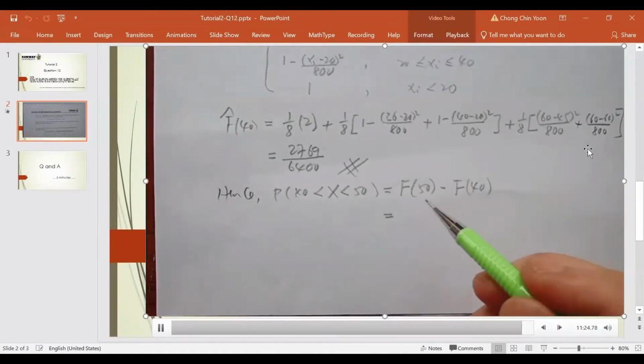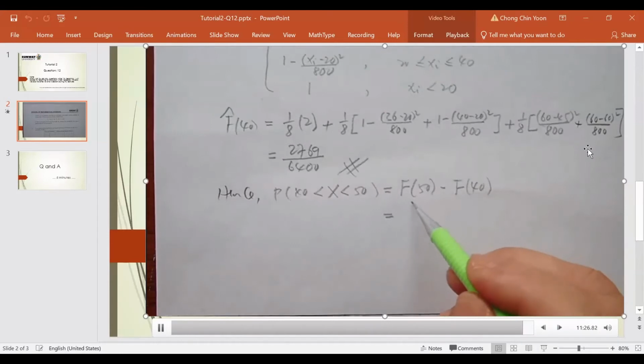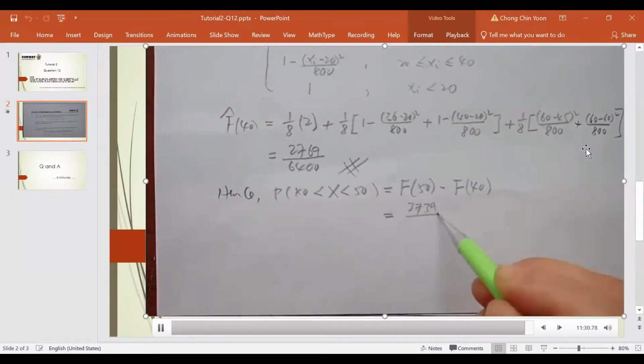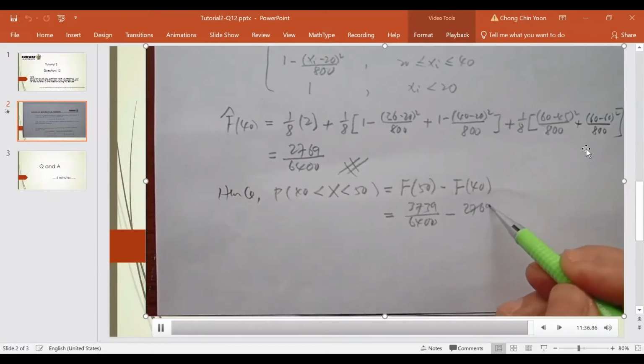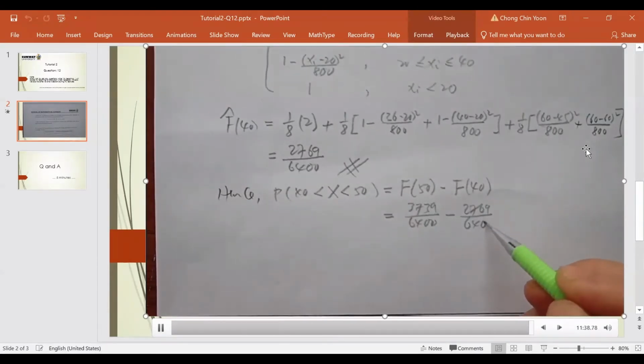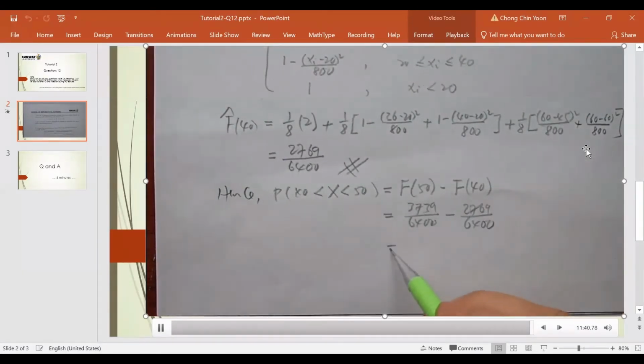So from the result we have found just now, this is equal to 3739 divided by 6400 minus 2769 divided by 6400. So I will have 97 over 640.